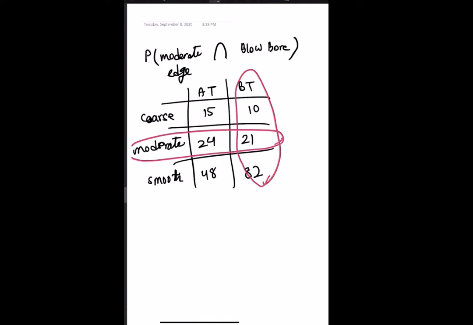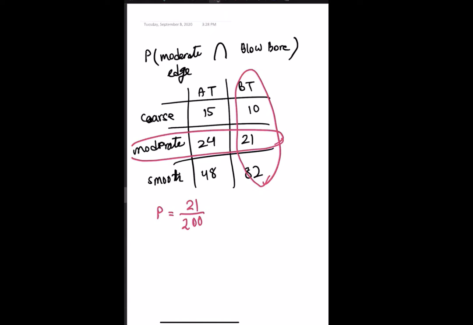So what is the chance that a part has moderate age and below target bore? 21 parts have that condition, out of the total of 200 parts. That's the answer.